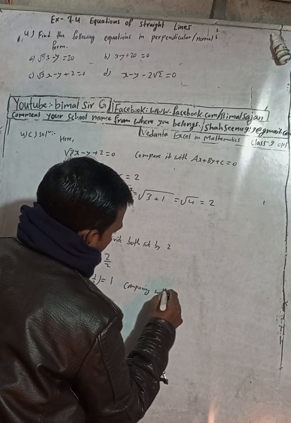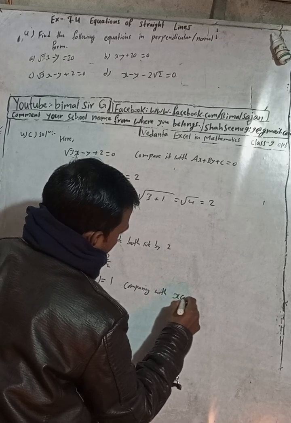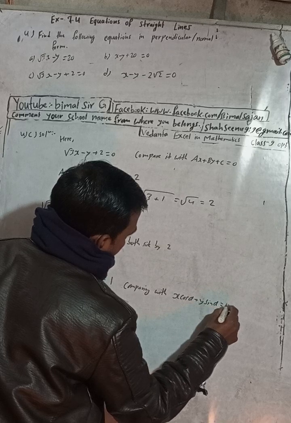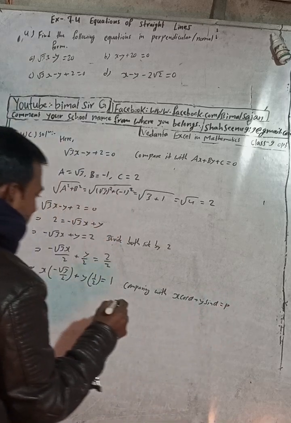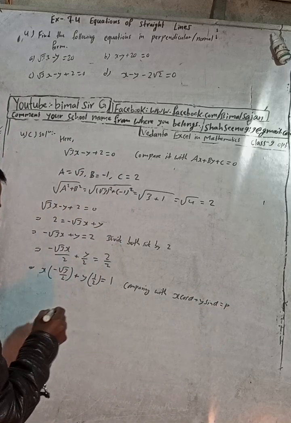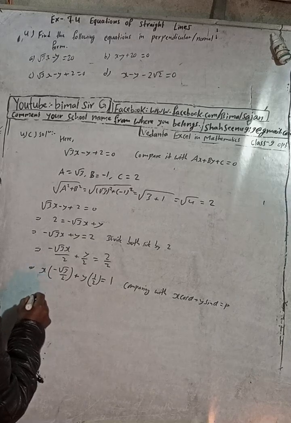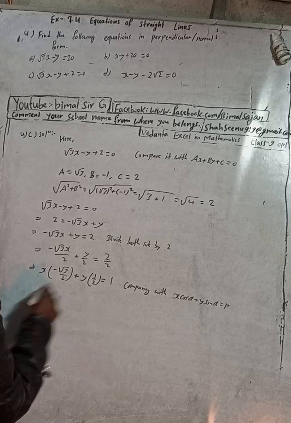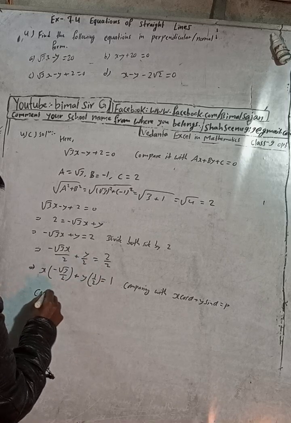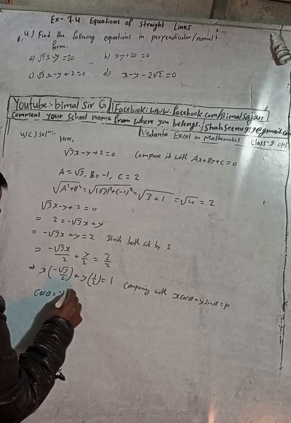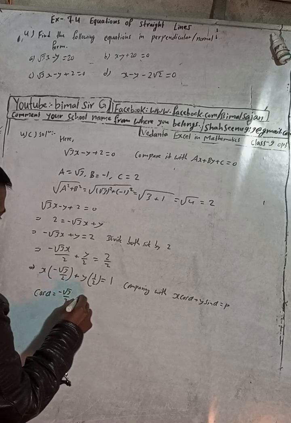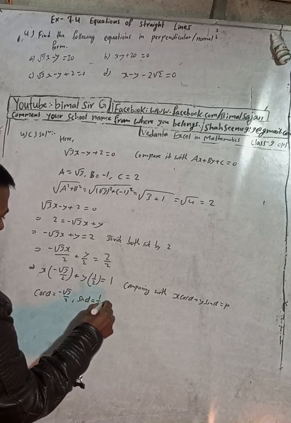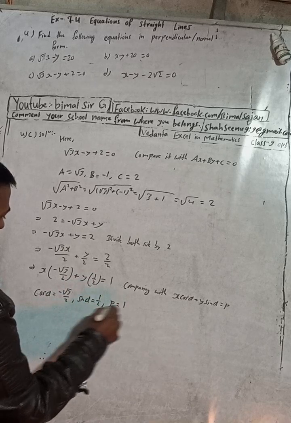Comparing with x cos alpha plus y sin alpha is equal to p, we get cos alpha is equal to minus root 3 by 2, sin alpha is equal to 1 by 2, and p, the perpendicular, is equal to 1.